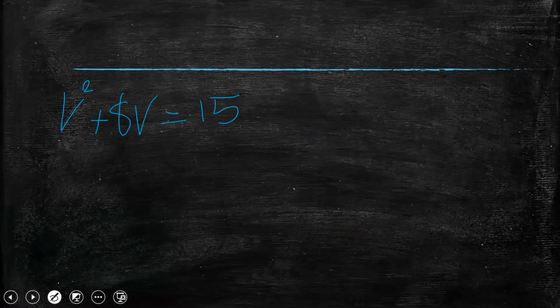Like if we have v squared plus 8v equals 15, this one cannot be solved by factoring. Why? It is v squared plus 8v minus 15. It cannot be solved by factoring. I have to use completing the square or the quadratic formula. What do I have to do?